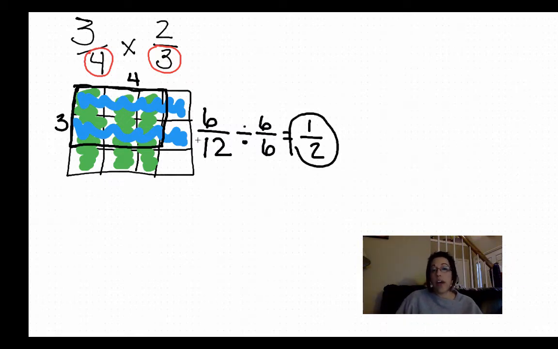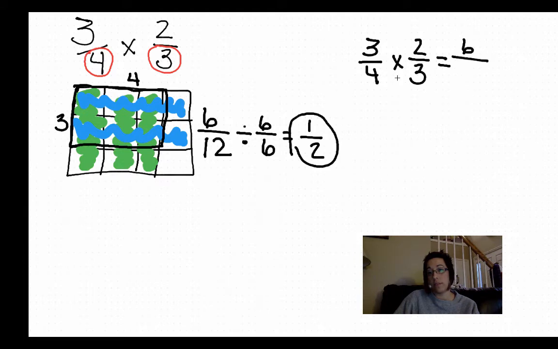So we're going to go ahead and check this using the standard algorithm. So that means we're going to write 3/4 multiplied by 2/3. 3 times 2 equals 6. 4 times 3 equals 12. We get 6/12. We've simplified it over here, so I'm going to use the cake strategy on this side.